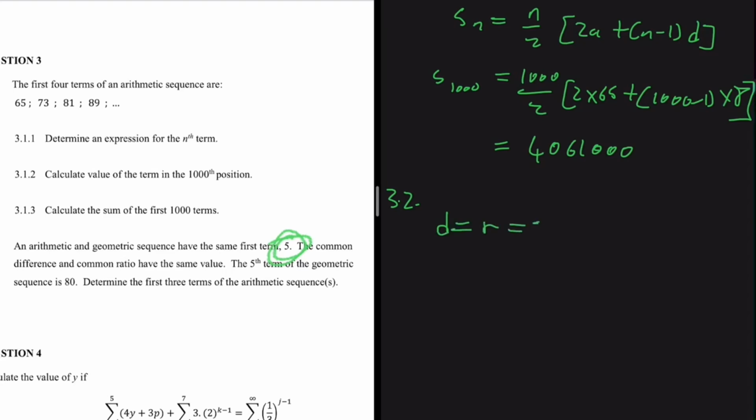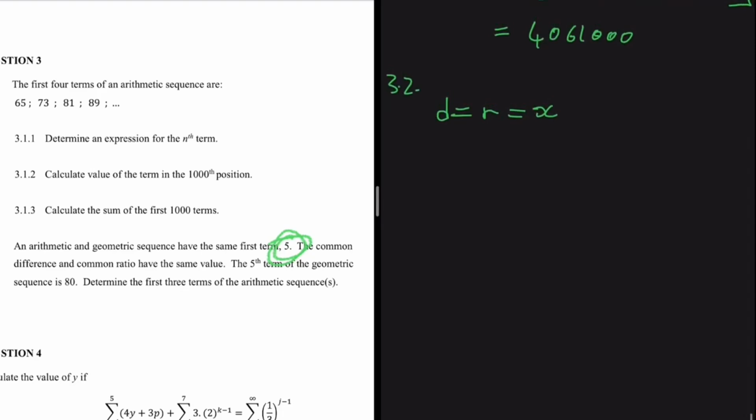So let's just put x. Let's use x, right? And then okay, let's have the arithmetic and the geometric. So for the arithmetic, we're gonna have 5 as the first term, right? And then the second term will be 5 plus the common difference. And then the third term will be 5 plus 2x. And then 5 plus 3x.